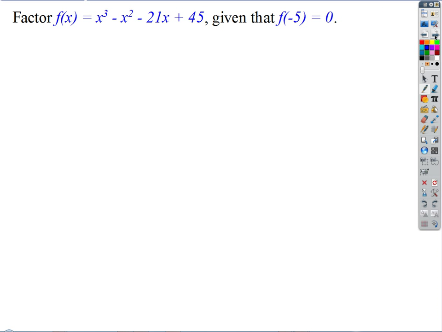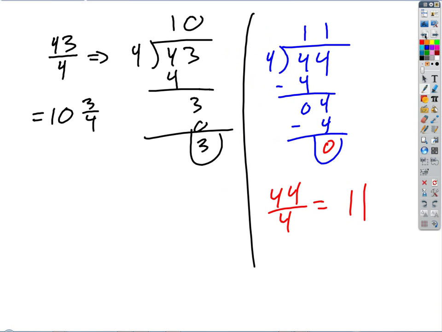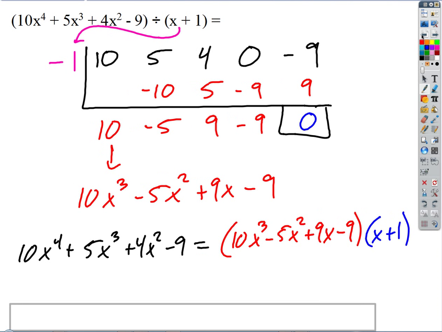We've got this cubic polynomial that we want to factor, but we're given that -5 is a zero of the polynomial. Then what's the factor that goes with that? If -5 is the zero, then x minus that is the factor. Isn't that what we always did? If we look at these examples we just did, when I told you that x plus 1 was the factor, you immediately told me that -1 is the zero.